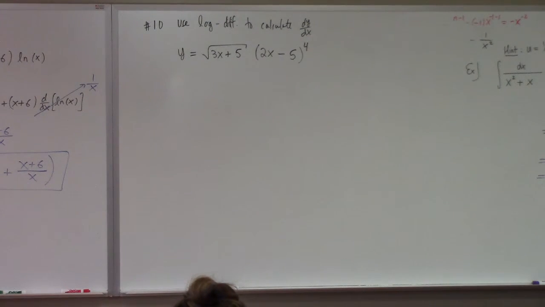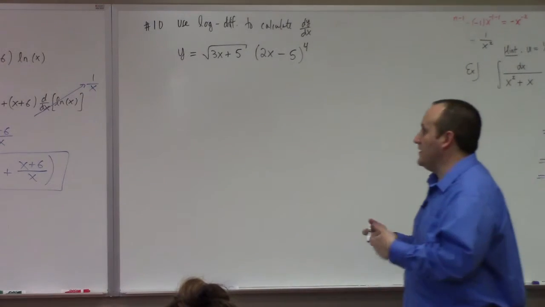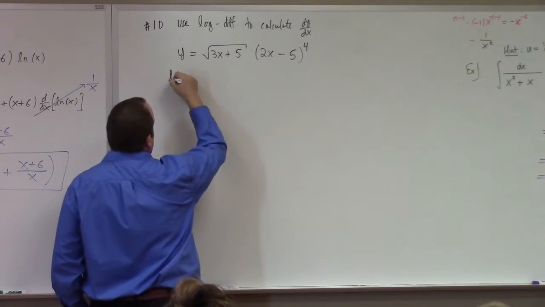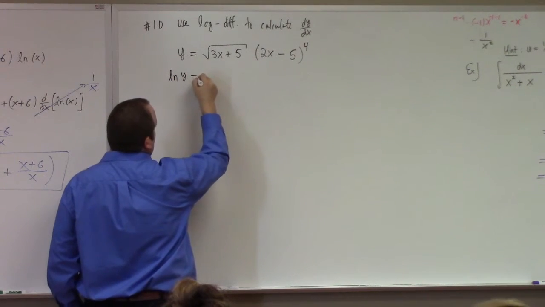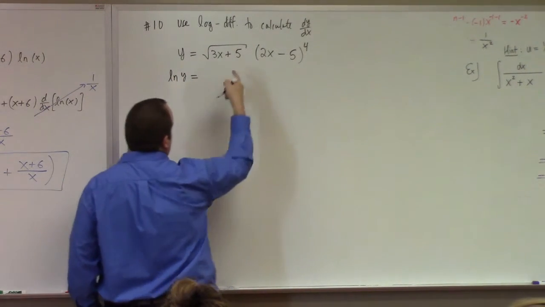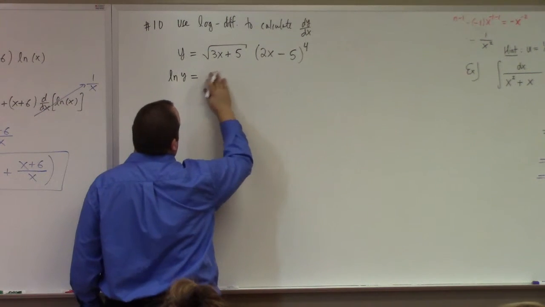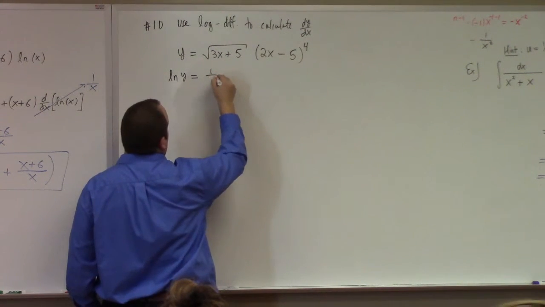Again, the idea here is to take the natural log of the equation to make it simpler. The natural log converts products to sums. That's the beauty of it. So the natural log of y is what? How do you simplify this expression? So it's the natural log. Oh yeah, okay, so I'll get straight to it then, fine.